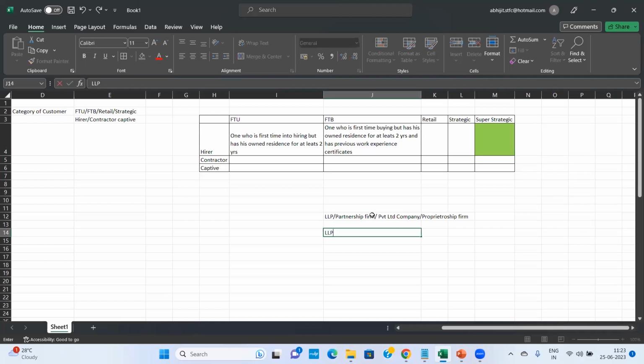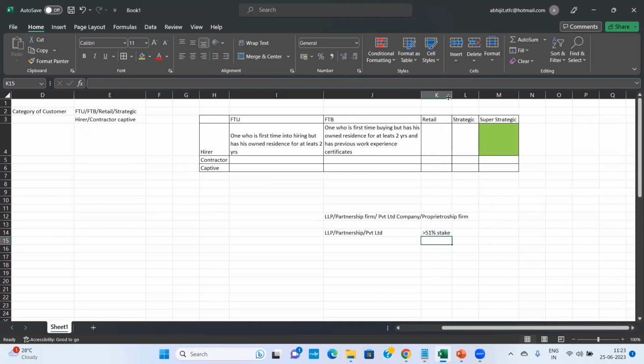When it comes to LLP, partnership, or private limited, you try to rope in the shareholder who has more than 51% stake as a guarantor. So when you see the partnership agreement or the LLP agreement, and you see the person who has more than 51% stake in the business, you would prefer to rope him in as a guarantor. Yes or no? Guys, can I get a reply, please?